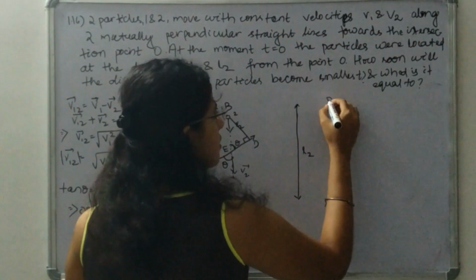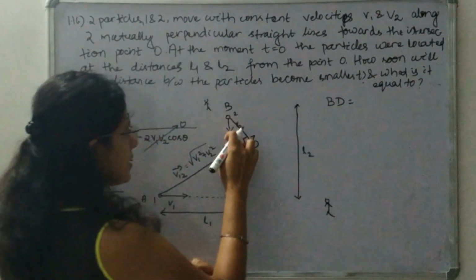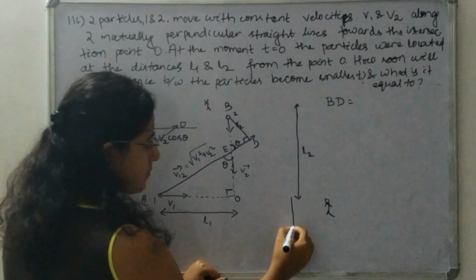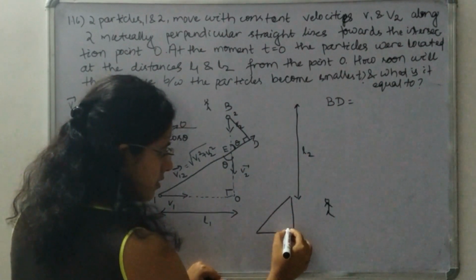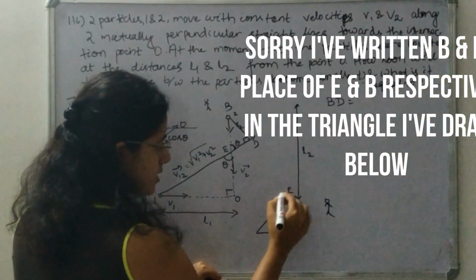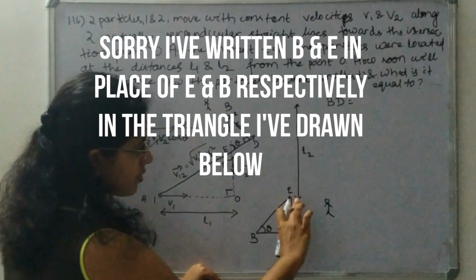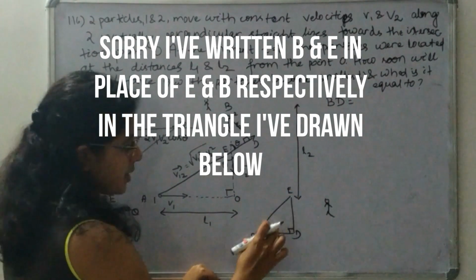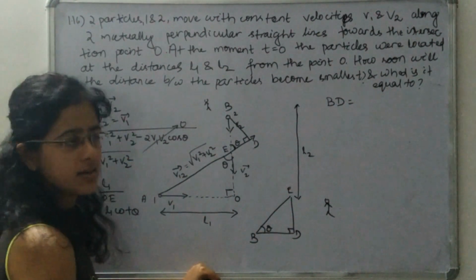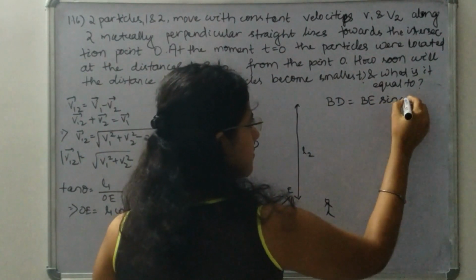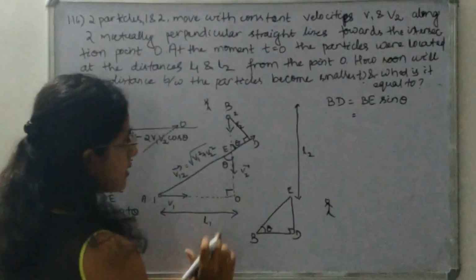So how can we calculate BD? For this right angle triangle, that is EDB, this is D, this is E and this is B. This angle is theta. So how can we find this DE distance? It is BE sin theta. So BE is how much?